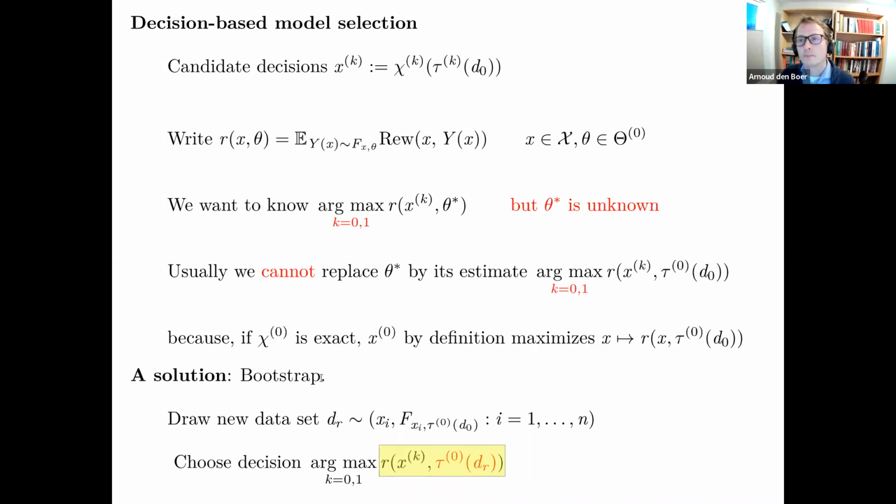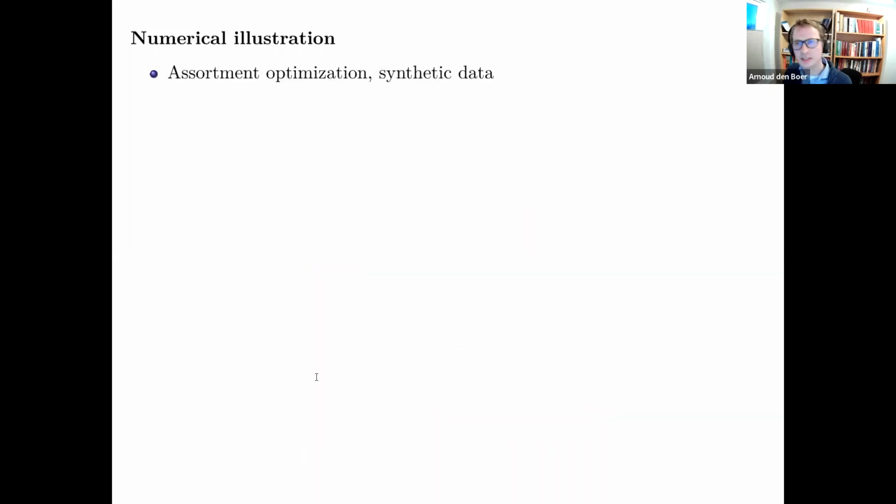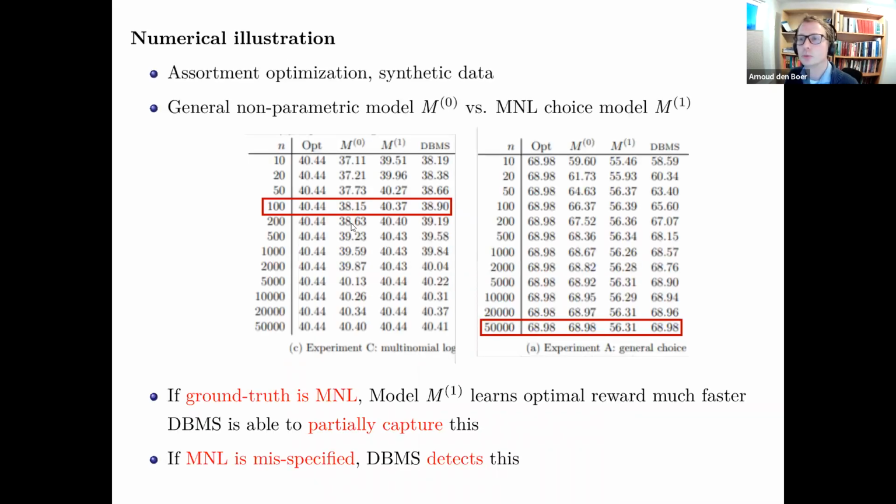So as I said, it's complicated to analyze the quality of this rule, or you can also invent other rules. To give some intuition, I share some numerical work on assortment optimization with synthetic data.